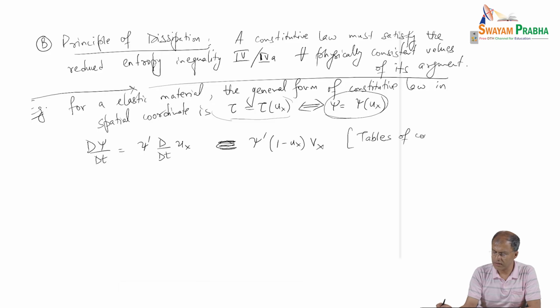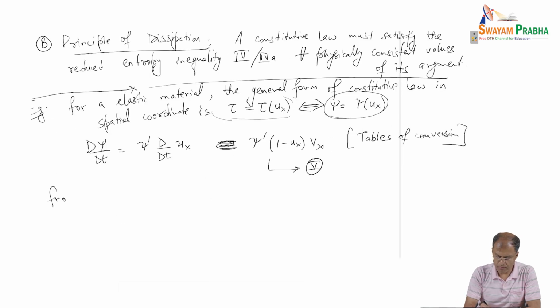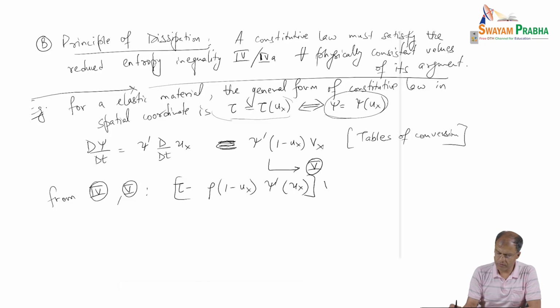We are getting this relation from our table of conversion, and let us call this relationship 5. So now from relation 4, which is our reduced entropy inequality, and relation 5, we get the following relation: tau minus rho times (1 minus ux) times psi prime ux, times vx, is greater than or equal to 0.